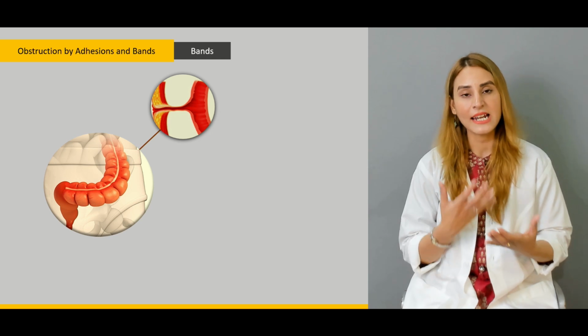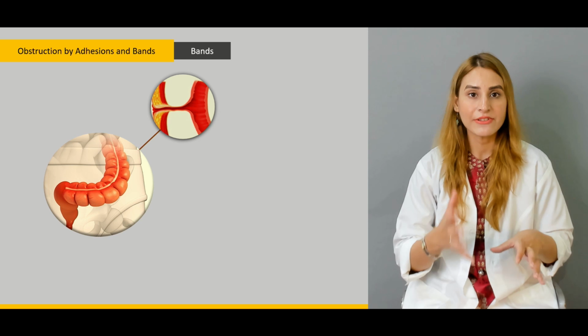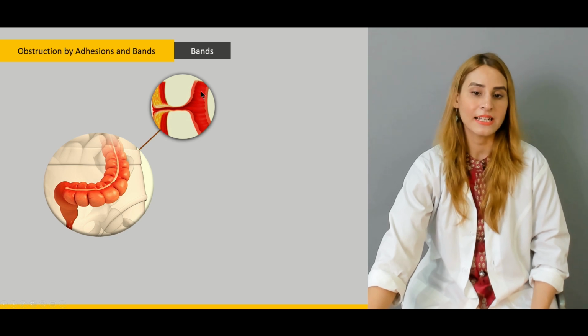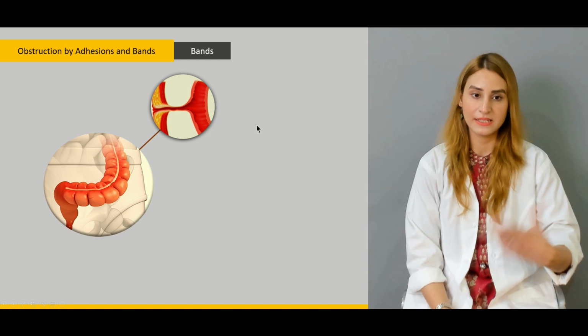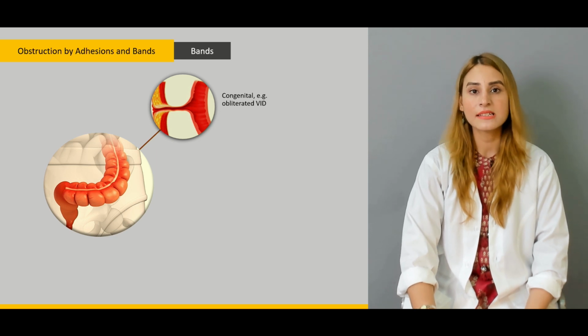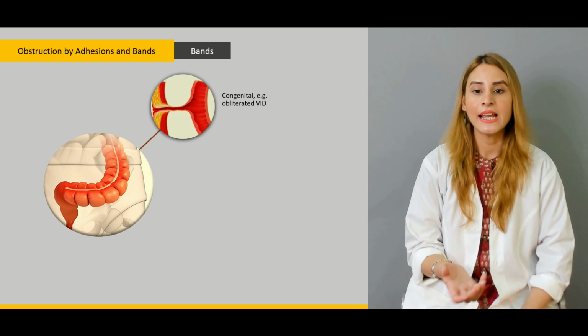So whenever there's healing of the wound, a fibrous strand is formed between the intestinal wall and the abdominal wall, extending from the wall and going down to the abdominal wall. So that can also lead to the formation of bands, and these bands can be acquired or they can be congenital.